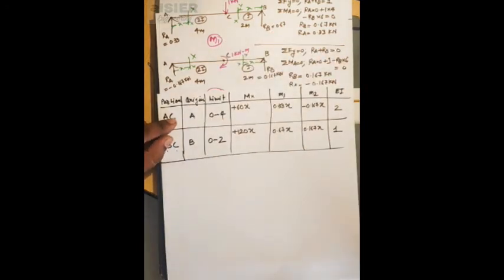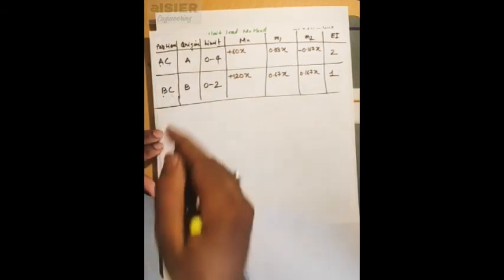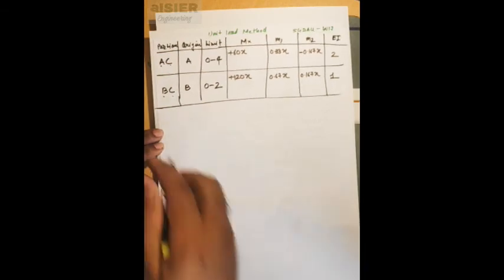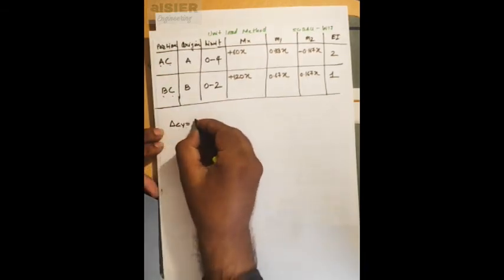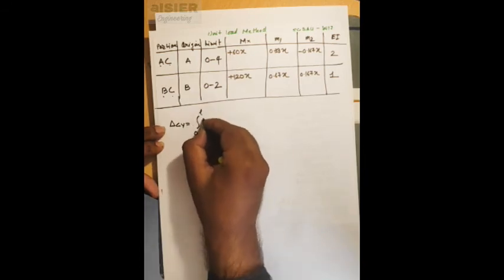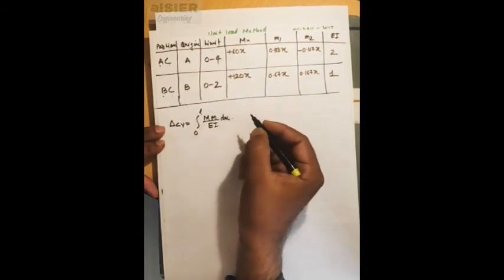Now we will try to formulate the equations. Okay, so first we will calculate the vertical deflection at point C. So the equation will be integral 0 to L of capital M into small m upon EI dx.